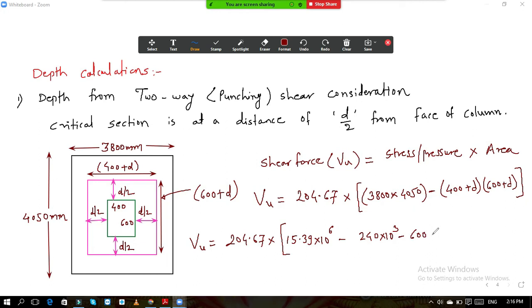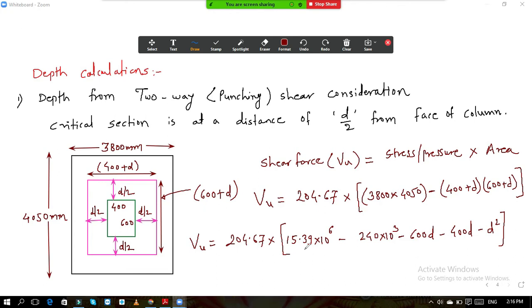Minus 600d, minus 400d and minus d square. This is the bracket. So if you open the bracket, your sign will be like this.